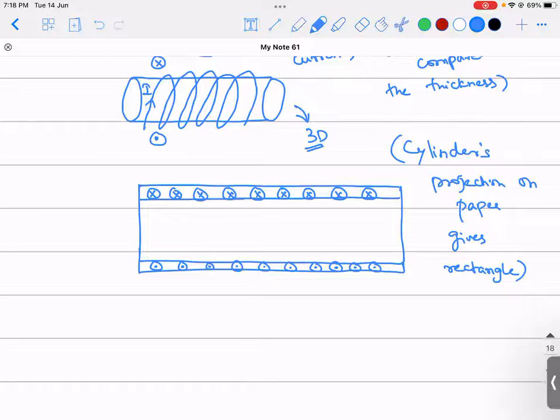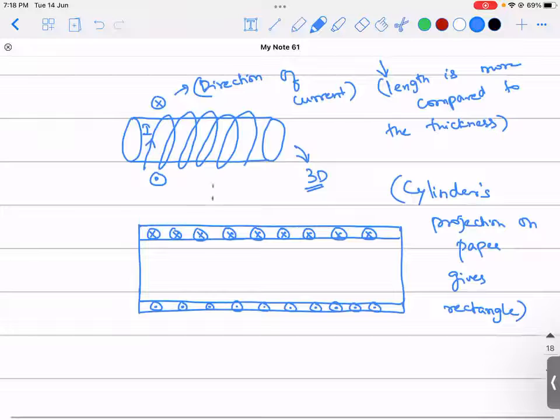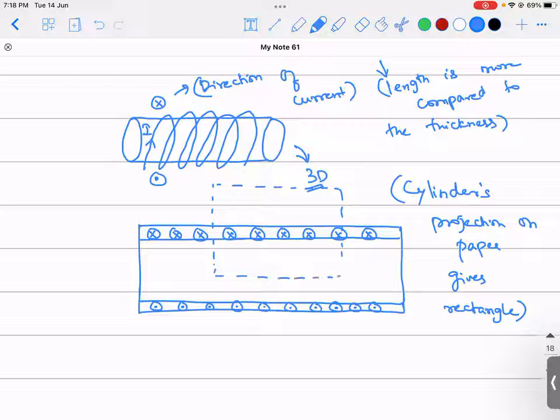When this is the scenario, then we will consider an Amperian loop in such a way that half of the rectangular portion is out of the plane and half is into the plane.